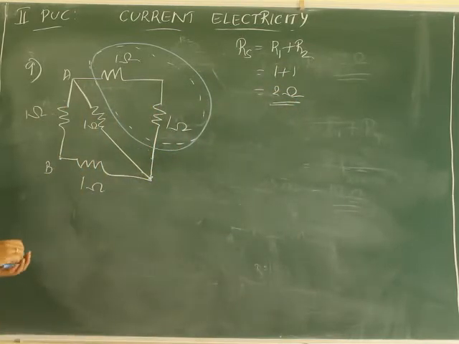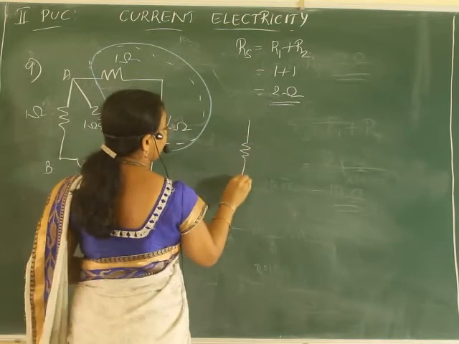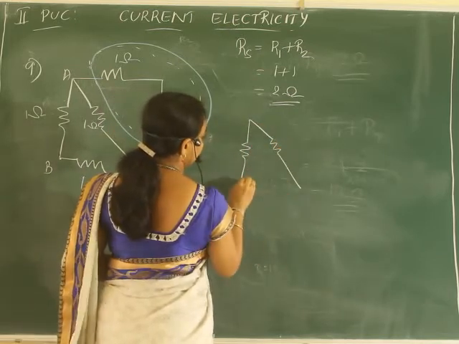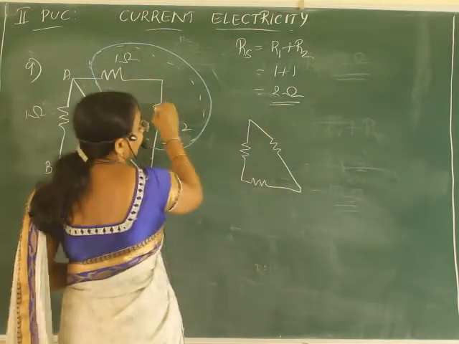Now what is the second step? Shall I redraw it so that it will be easy? How is the diagram now? This is like that itself. This is also the same. Now this 2 becomes 1.